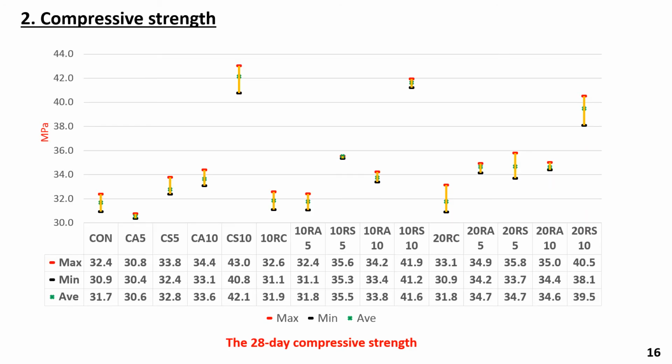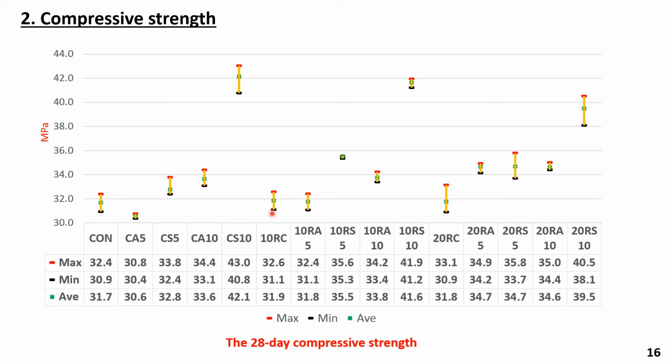This is the 28-day compressive strength result, and here we can say that 5% silica fume and also 10% paper sludge ash concrete increase the compressive strength of concrete, but here we can see that 10% silica fume significantly increases the compressive strength of concrete.